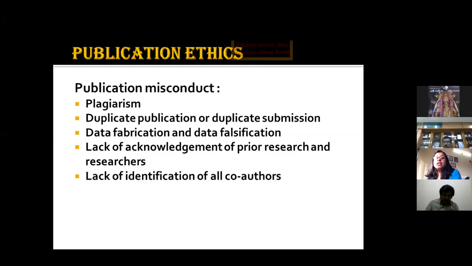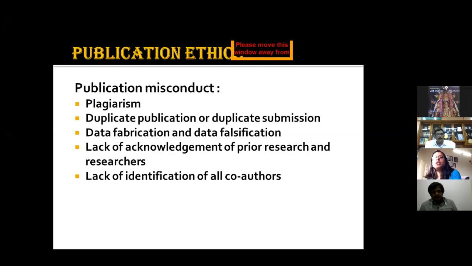Then the next thing is we need to acknowledge prior research. Sometimes you'll see in some journals there are acknowledgements added at the bottom of a research article. People like to acknowledge somebody who had supported them in research. That is a good way of showing gratitude to anybody who's helped you to do the research. Another important thing is you must add co-authors' names.